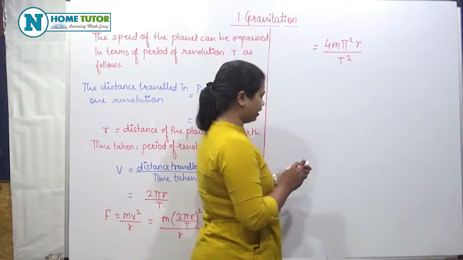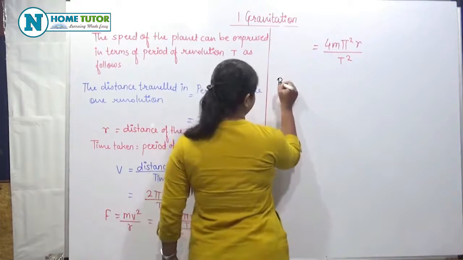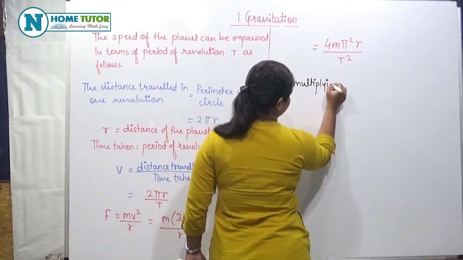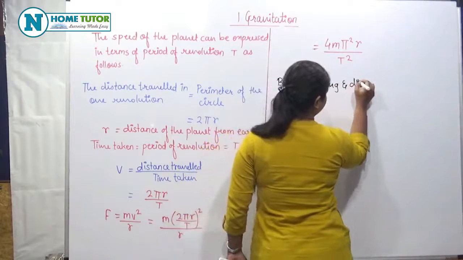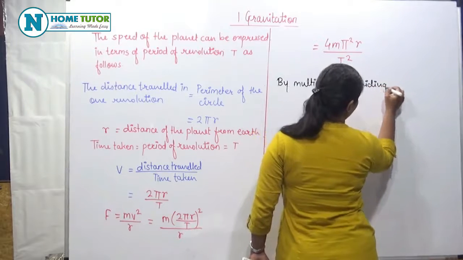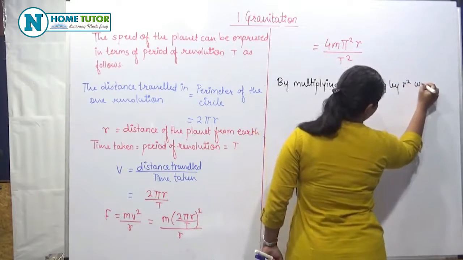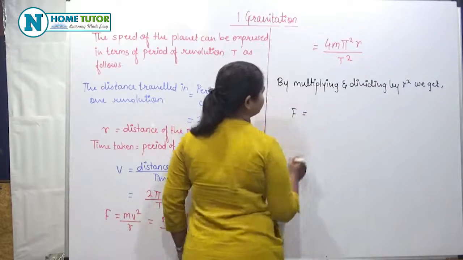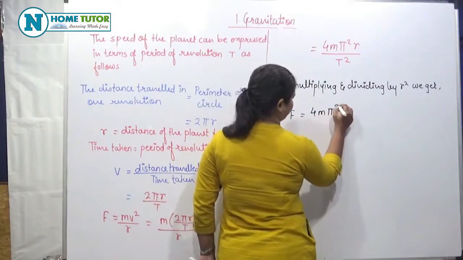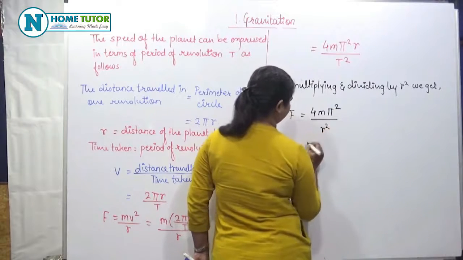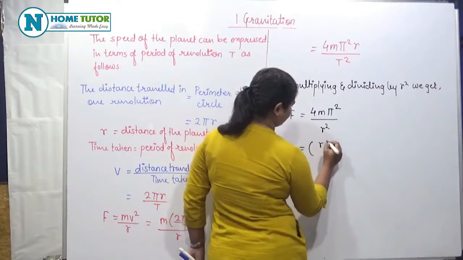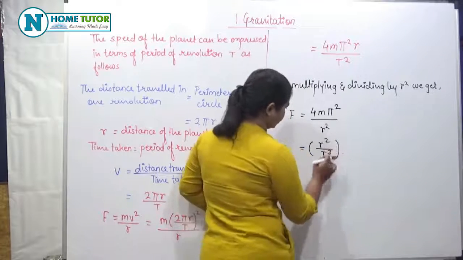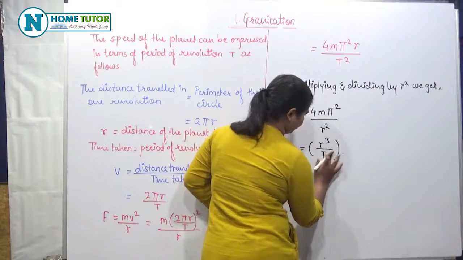By multiplying and dividing by r square, we get F is equal to 4m pi square upon r square into r cube upon t square.